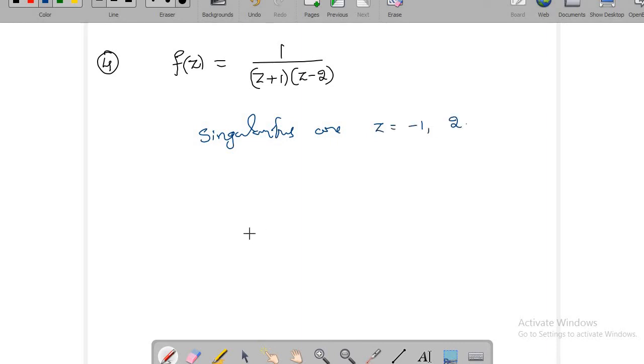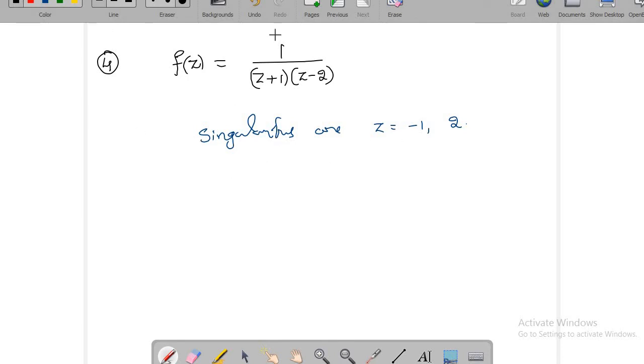These are the two singularities. Whenever you have a finite number of singularities, they are always isolated. Why? Because any finite number of points can be separated. If you give me two distinct points, I can always separate them in the complex plane. So these are isolated singularities.